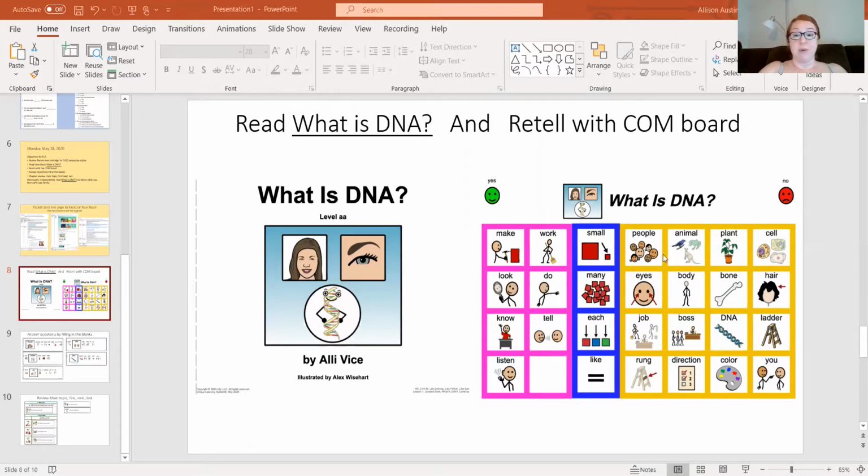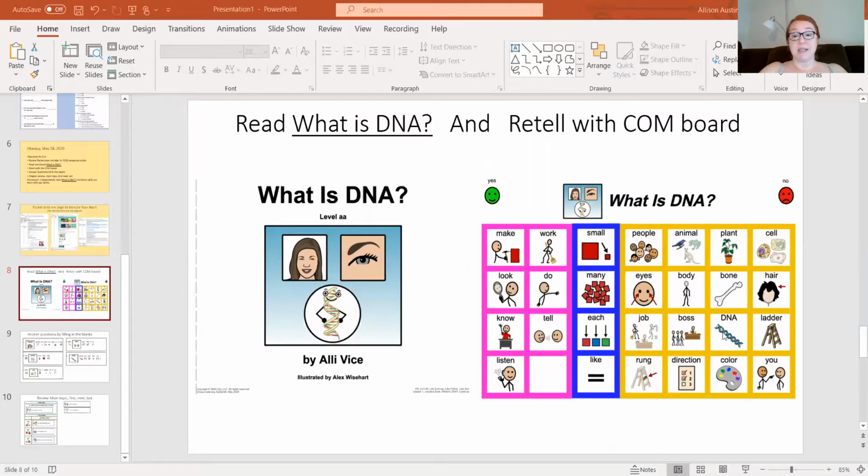So it says people, animals, and plants have cells. It tells us what color eyes we will have. Our entire body, including our bones and hair, are made up of cells. And each cell has a different job to do. The boss, we learned, is DNA, which tells the cells what to do.